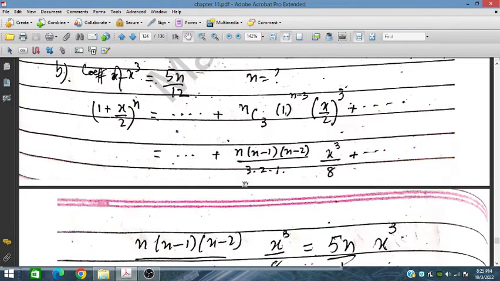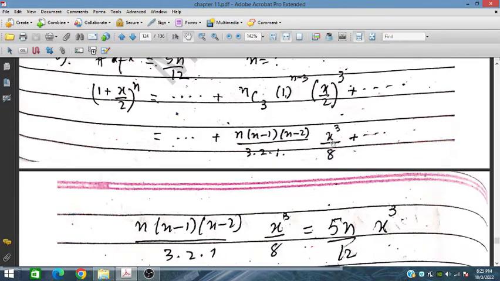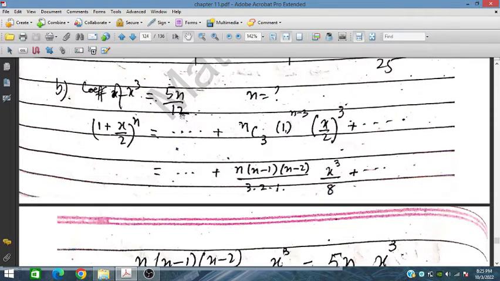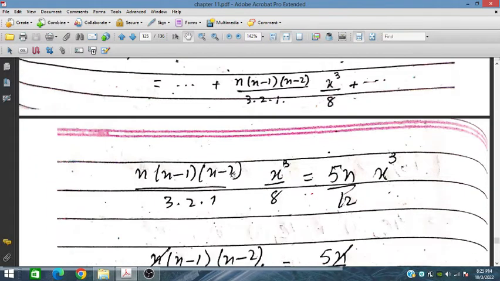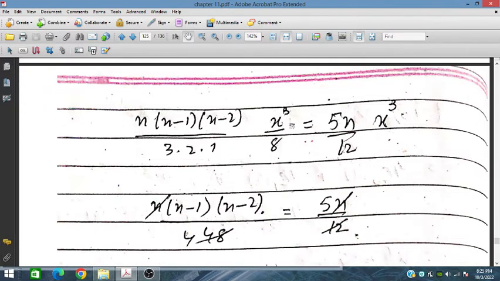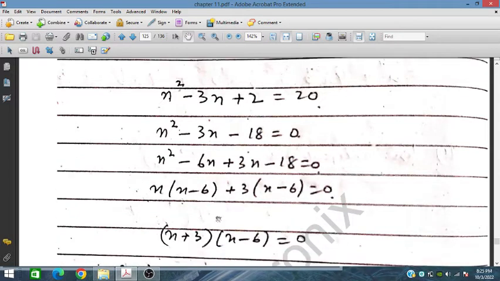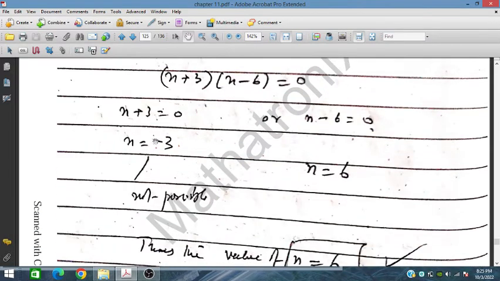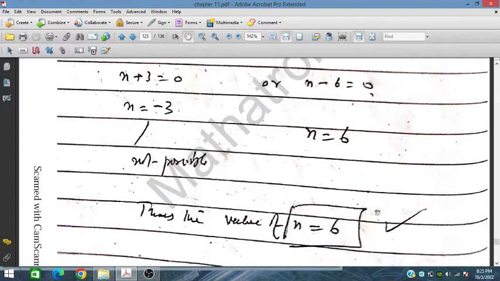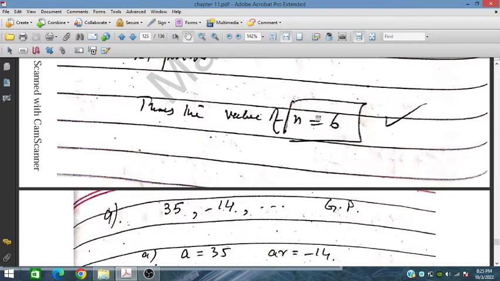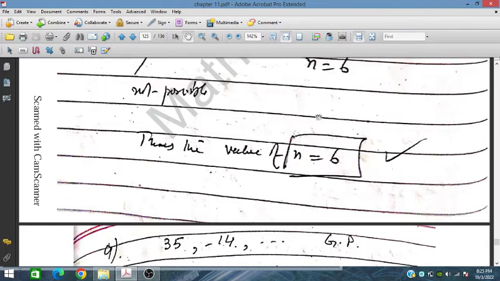So we will solve it, and the coefficient of this x cube is equivalent to this. So this coefficient would be equal to 5n by 12. So we have this. So from here we have the coefficient of x cube here, and this coefficient of x cube here, so we can equate it and eventually solve it to form two different values. One is not possible, so n is equal to 6 is the desired value. So we have solved the problem number 8.